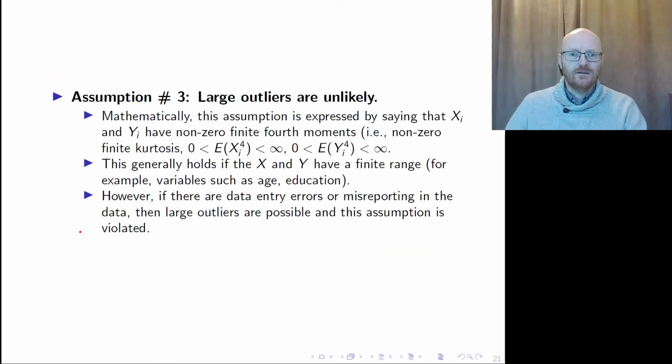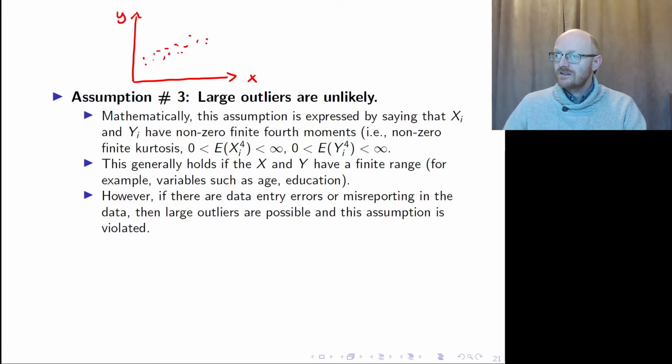And the last assumption would be that large outliers are unlikely. I already mentioned outliers in the previous assumption.